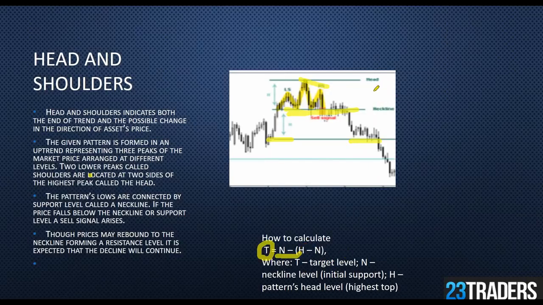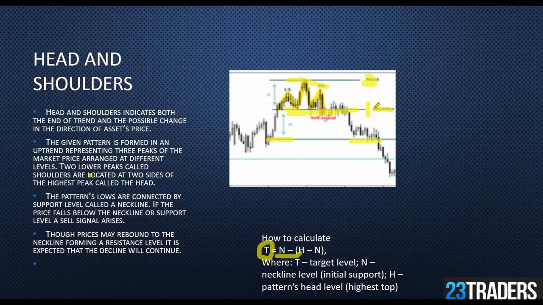So let's give the neckline here a rating of 1. Let's say the head is 2, but it would actually be the price. You would look for the actual price that the head was formed at, and the actual price that the neck formed at.